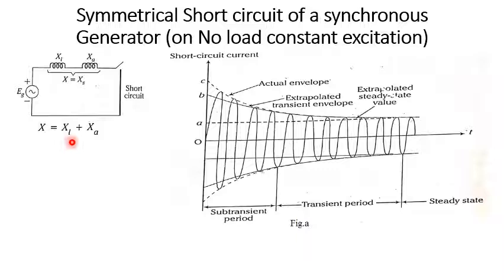By adding the leakage reactance and the armature reactance XA, we get the synchronous reactance, which is denoted by XS. So XS is equal to XL plus XA, that is the leakage reactance and the armature reactance.